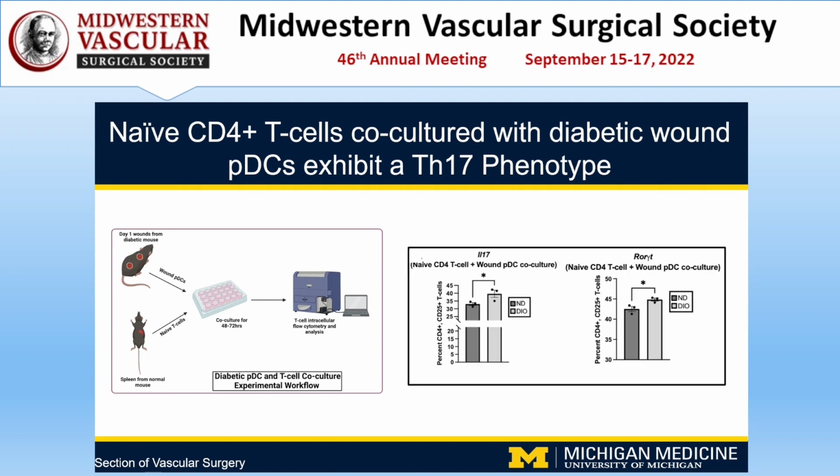What we realized was that the T cells incubated with diabetic PDCs had increased levels of IL-17, and they had an increased signature for Th17, which is denoted by the ROR gamma T there. This was exciting to us because we're starting to piece the puzzle together that these PDCs produce these cytokines and skew T cells towards this type of phenotype.